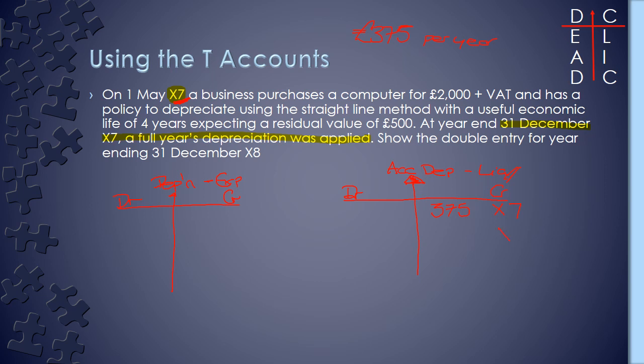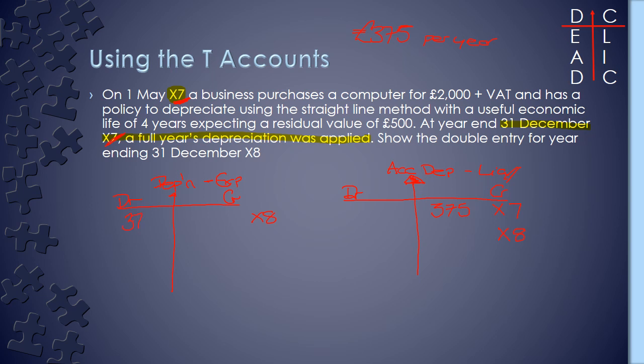So in our second year, what we need to do is apply the depreciation again. We haven't got anything in our depreciation account, because the first year has all been closed off. So our expense account, our depreciation account, is now at 0. So we're going to apply the depreciation in the year.